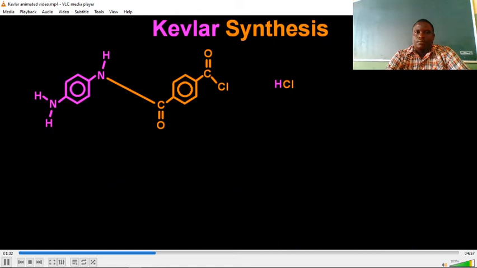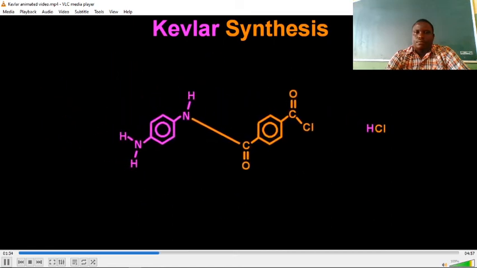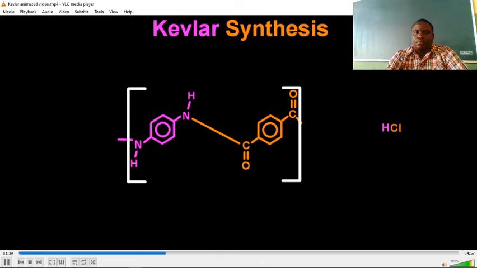Now this happens many times in an enormous chain. The square brackets show the repeating unit. Don't forget to have the bonds stretching outside of those brackets of n repeating units. And again, this is indeed Kevlar.